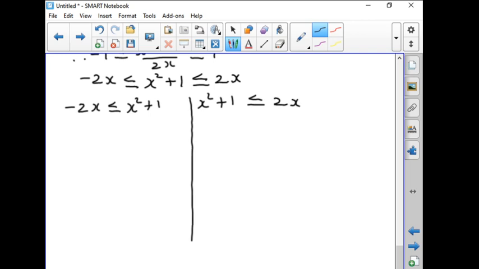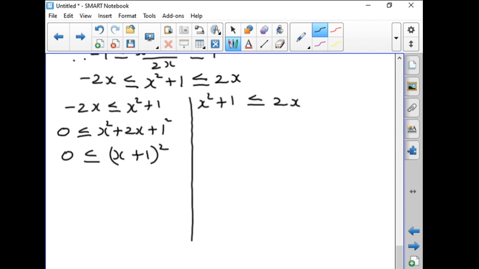Okay, so what about this? Minus 2x goes to the right hand side. Now we get 0 less than or equal to x square plus 2x plus 1. So this is 0 less than or equal to (x plus 1) the whole square, because 1 we can also write as 1 square.